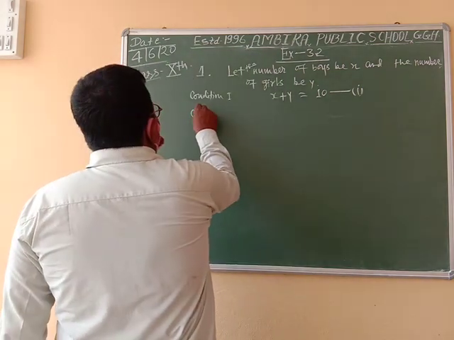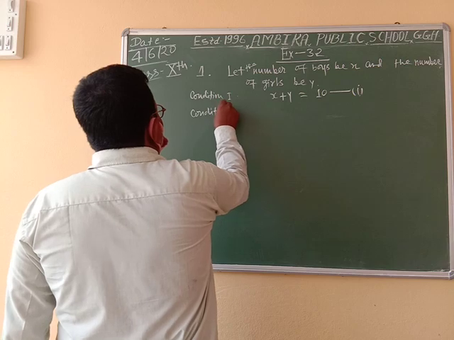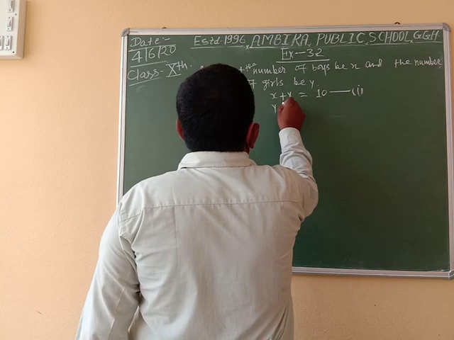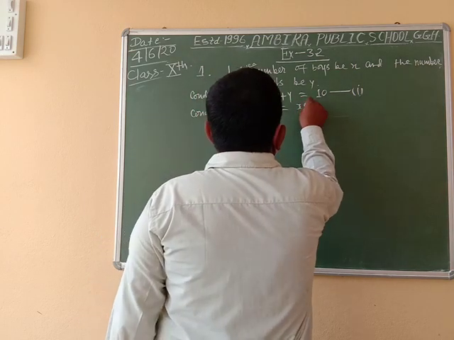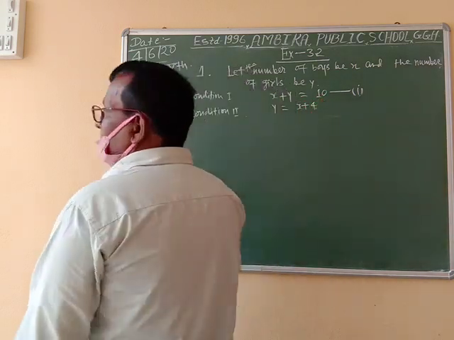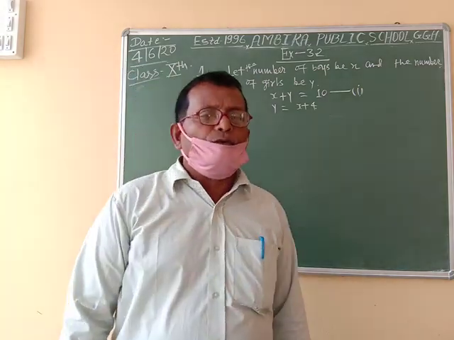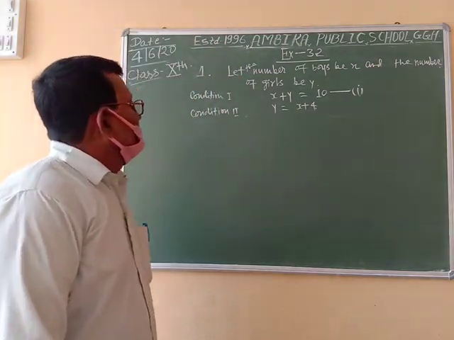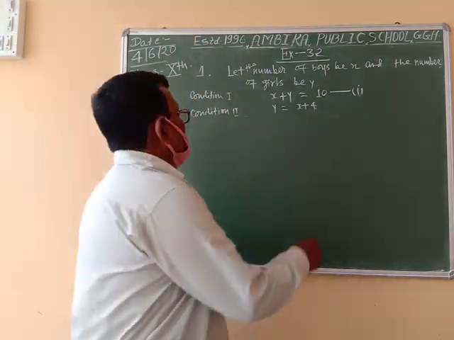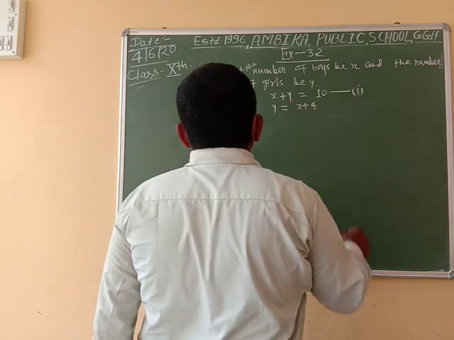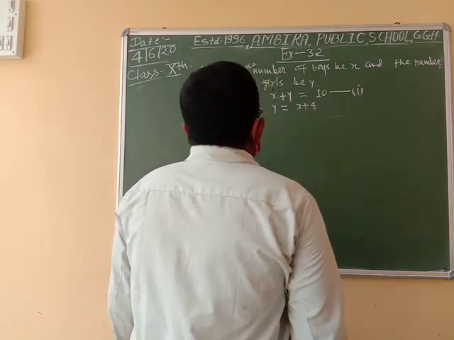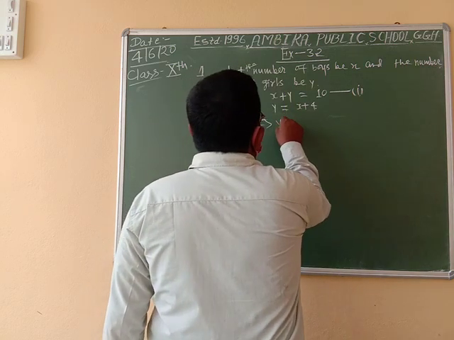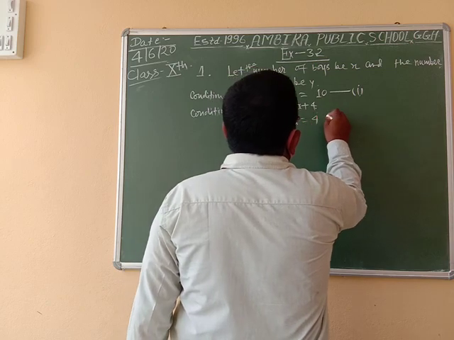So according to condition 2, y is equal to x plus 4, because the number of girls is 4 more than the number of boys. We can write in algebraic expression y is equal to x plus 4, so y minus x is equal to 4.